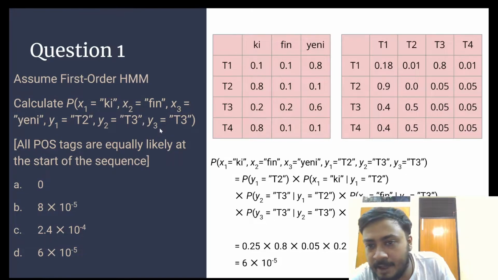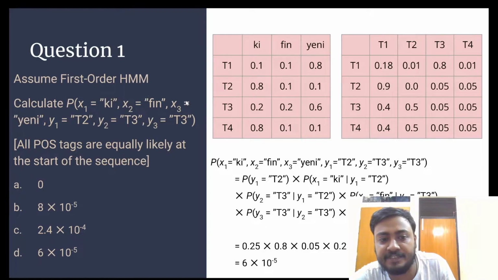Yeah, the matrices which are defined can lead to any sequence of emissions. But when you have to calculate, the sequence you are supposed to be calculating is given in the question, so you don't need to assume anything anymore. They are asking you explicitly to calculate the probability of the sequence key, fin, any, so you don't need to assume that something else will be in the first position.